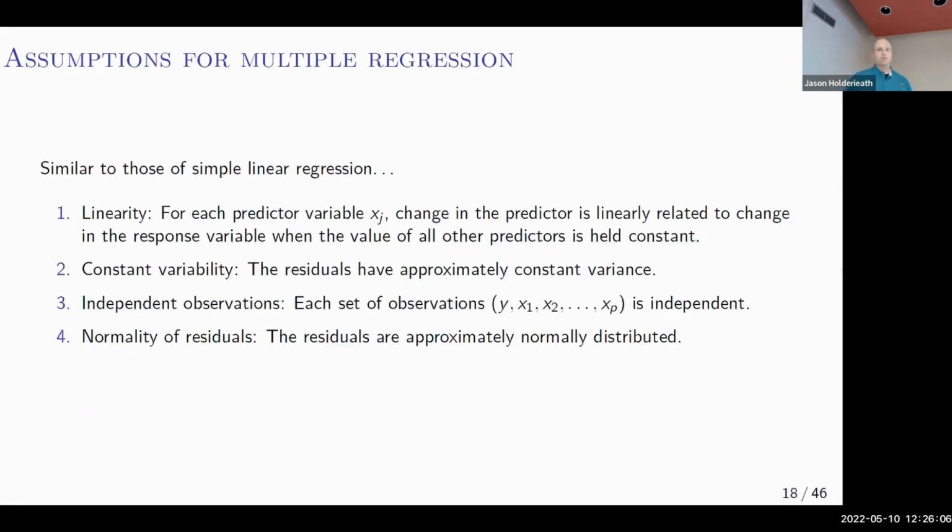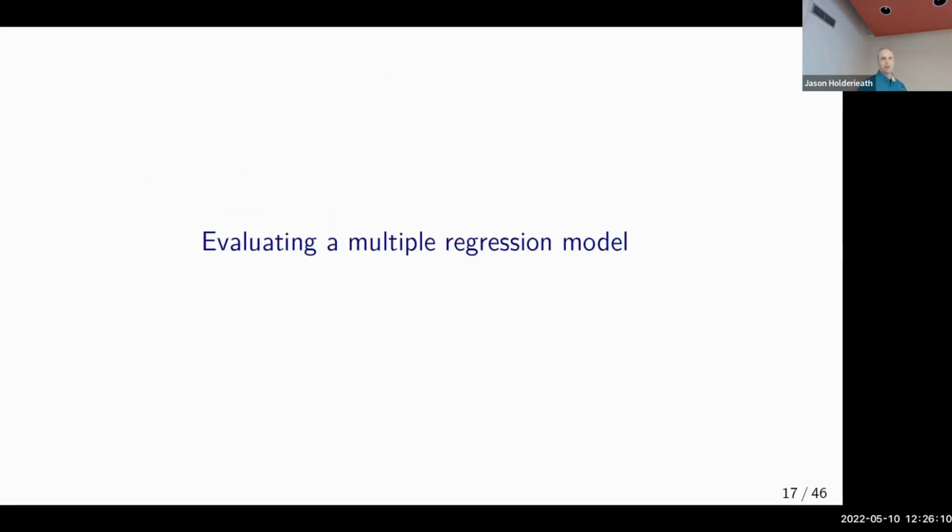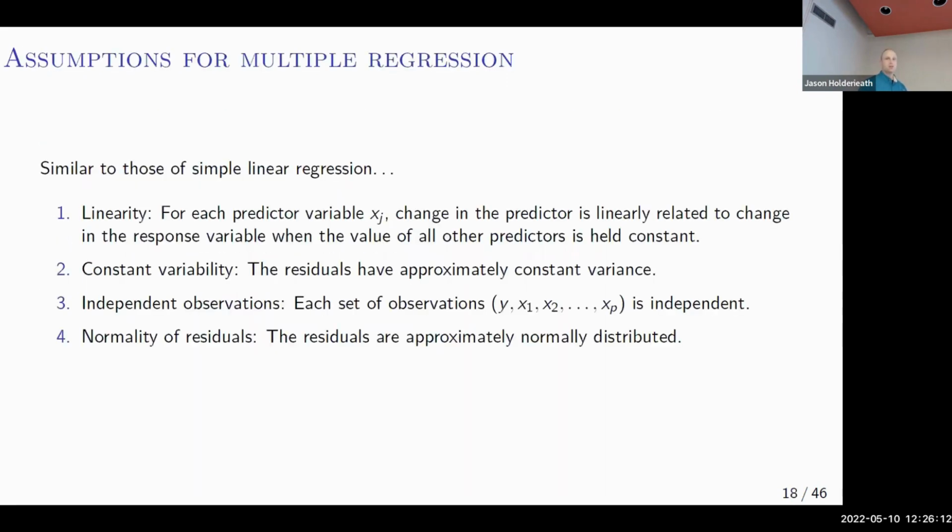So we're going to talk about evaluating multiple regression models. Now, similar to linear regression, we have to have a handful of things before these models are valid for inference.